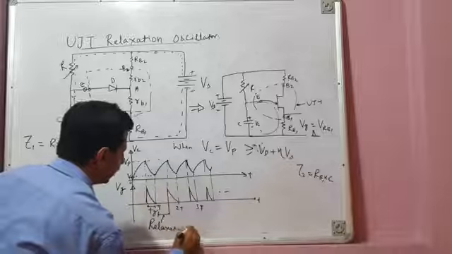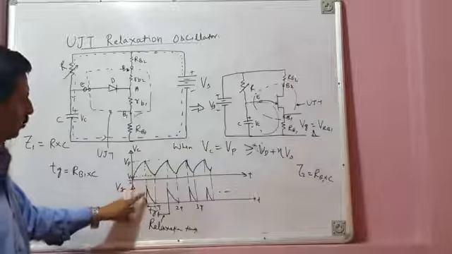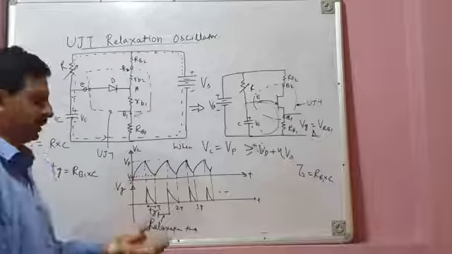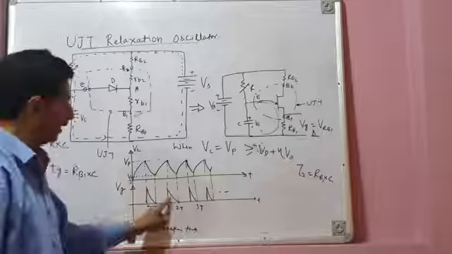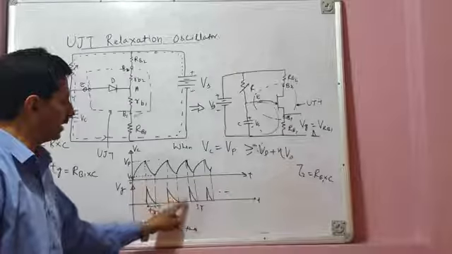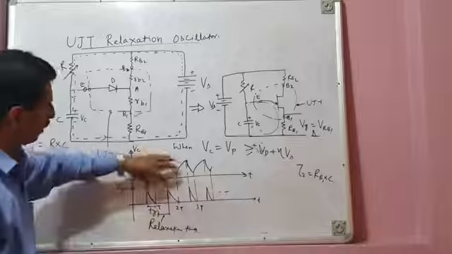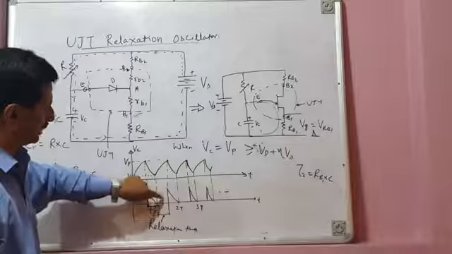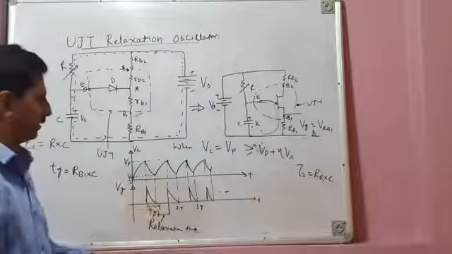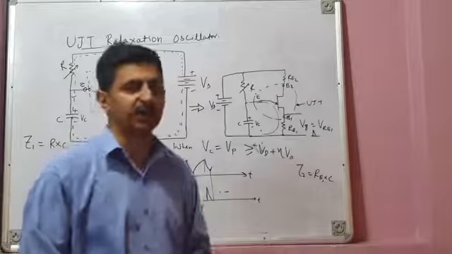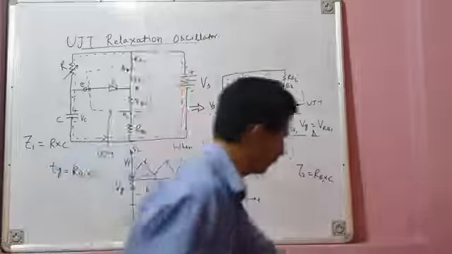You see, the first control firing pulse is obtained here, then from here to here, there is no firing pulse. This is called relaxation time. Then another firing pulse is obtained here, then there is again a relaxation time. Then another firing pulse, again relaxation time. So between the occurrence of two firing pulses, UJT relaxes. This time is called relaxation time. That's why it's called relaxation oscillator. Fine.